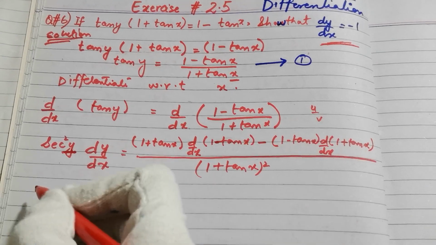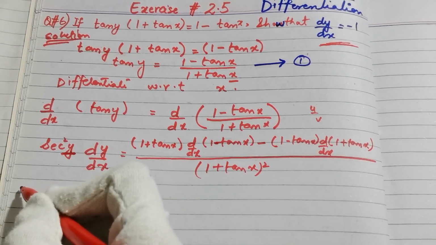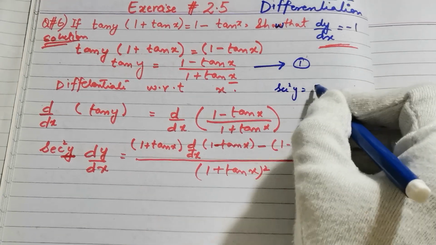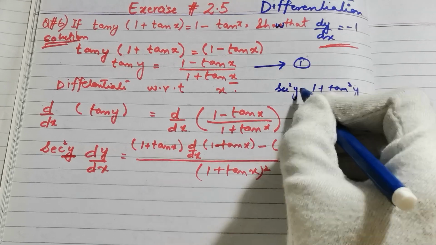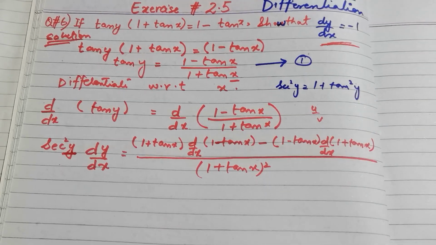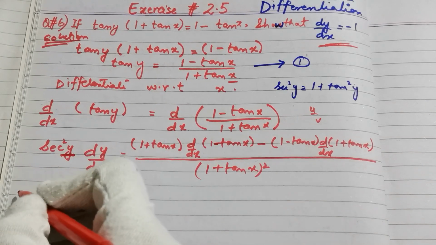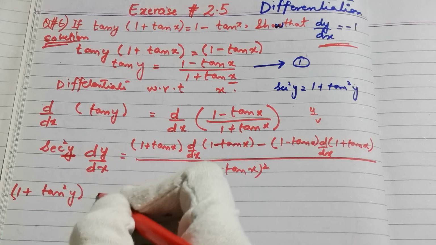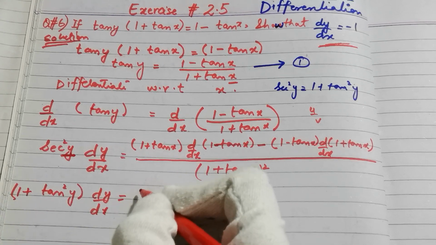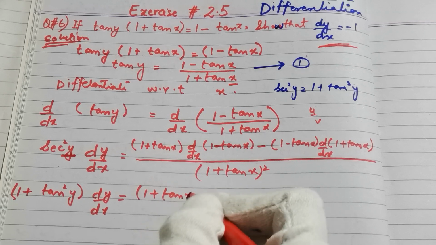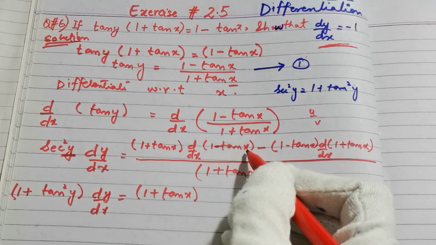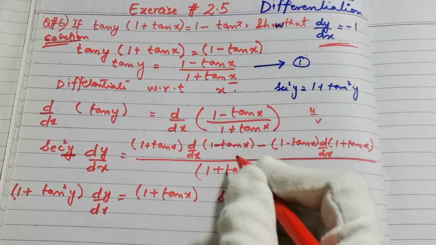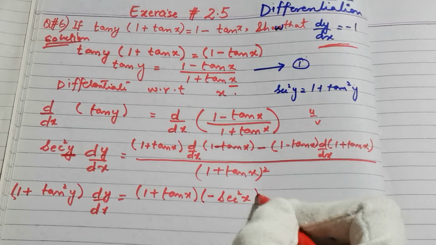Now secant square y, as we know, secant square y is equal to 1 plus tan square y. So we write 1 plus tan square y dy by dx as it is. Now 1 plus tan x as it is, and the derivative of tan x is secant square x, and this minus we write as it is.